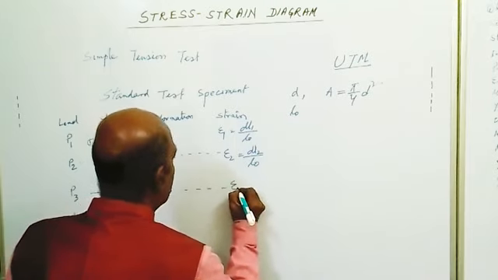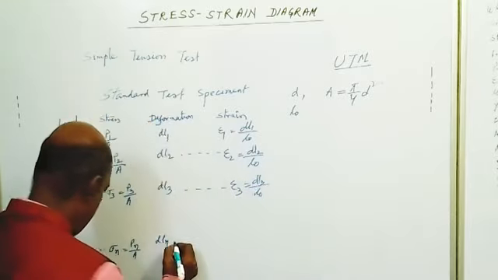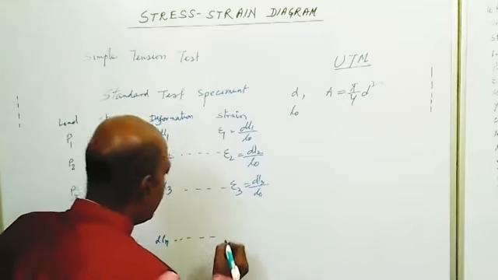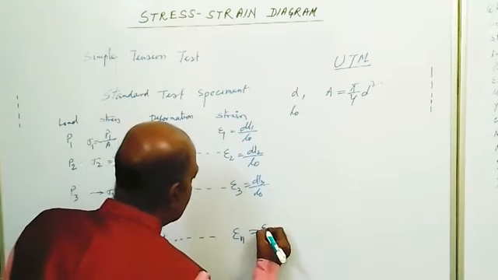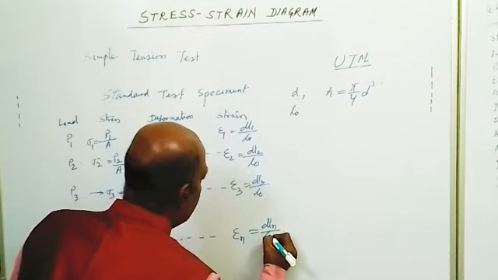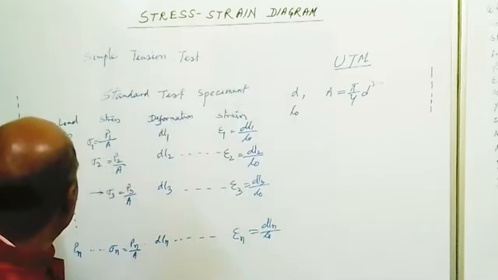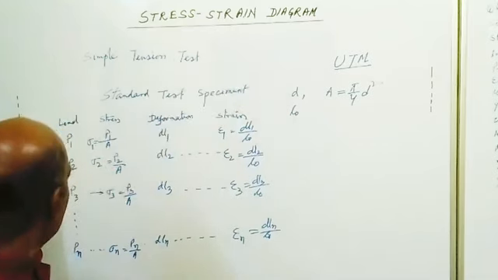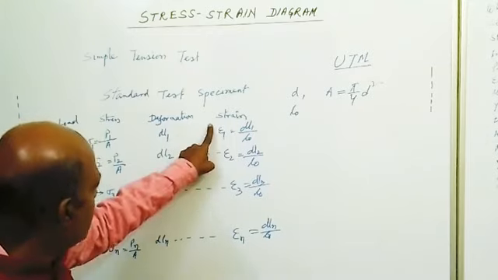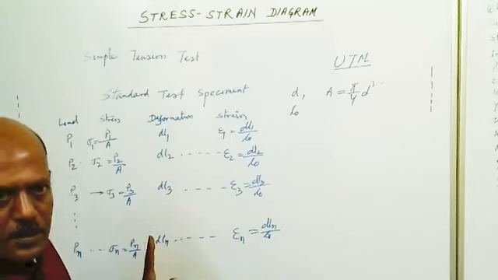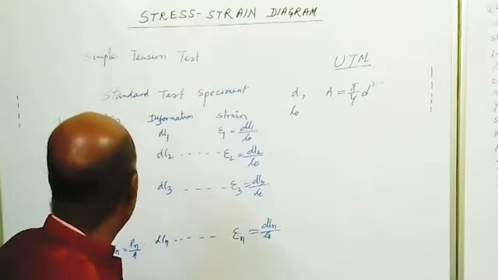Similarly epsilon 3 is given by dl3 by L0, and at the breaking point the strain developed, epsilon n, is equal to dln by L0. So in this UTM machine at various loading points P1, P2, P3 up to Pn, we have calculated stresses and strains separately. So we know the stress and strain at various loading points.